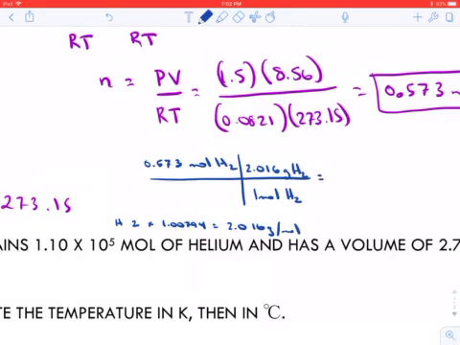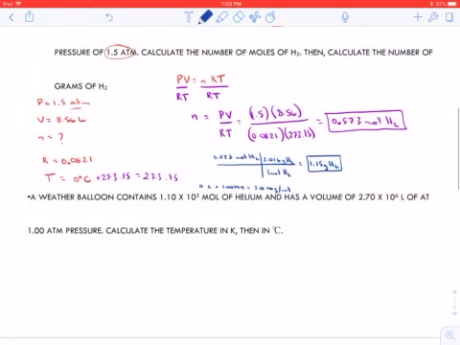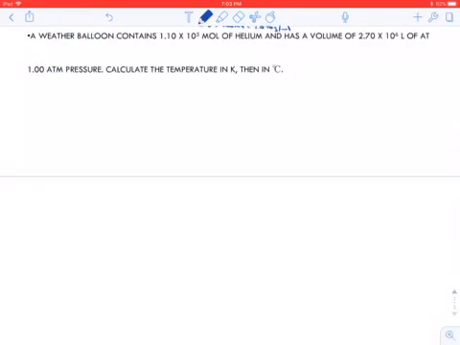So all we have to do is take 0.573 and multiply that by 2.016, and we should get 1.15 grams of H2. And there you have it. Pretty simple. All right, awesome. Let's move on to the next one.